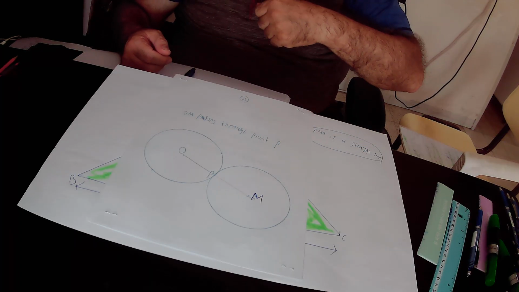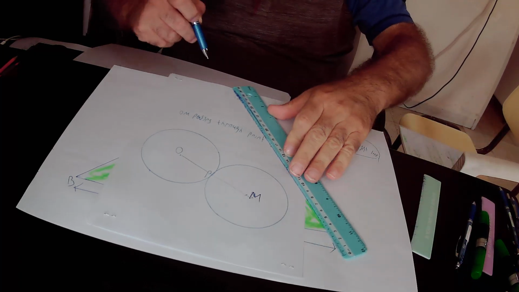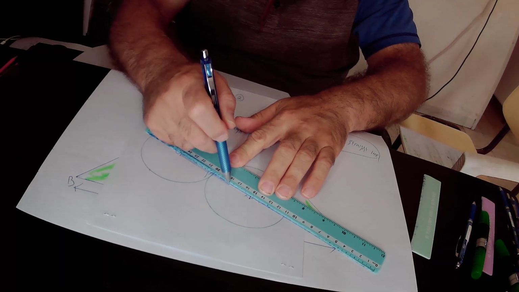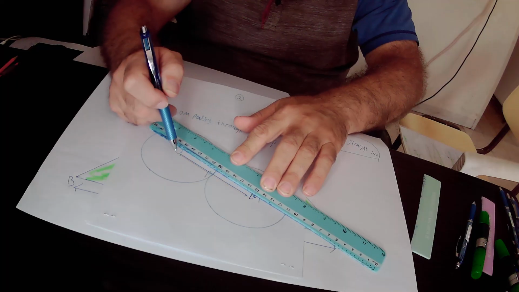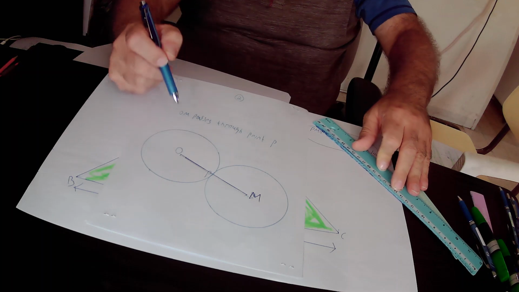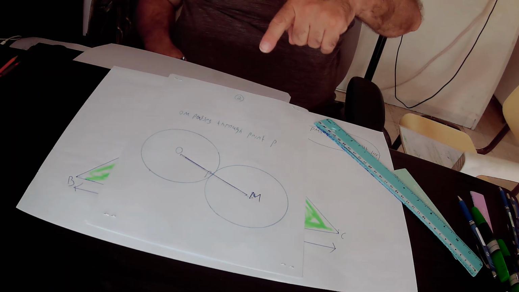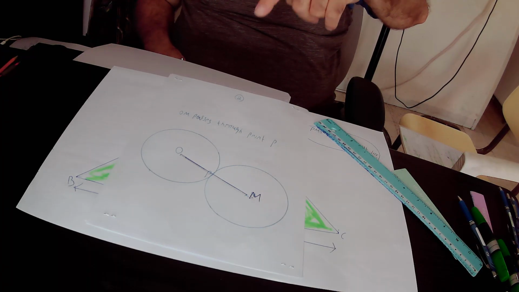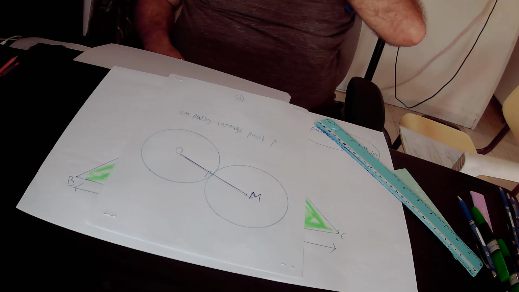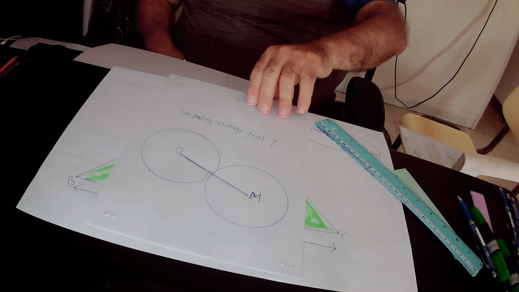And according to this rule 10, the straight line OM must pass through their touching point, that is point P. Or in other words, OPM is one straight line according to this rule 10.